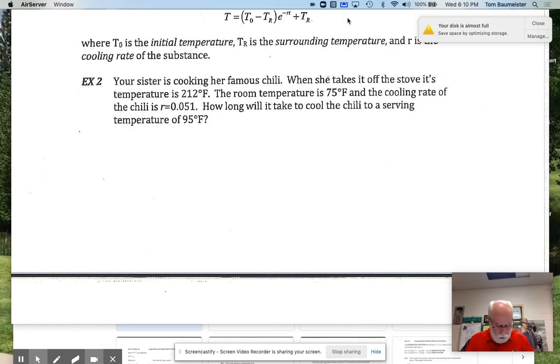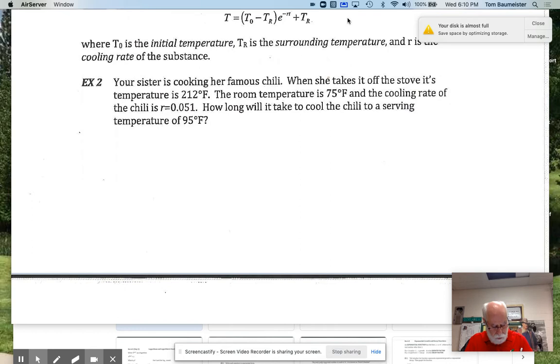Okay, so let's go ahead and write the equation down here again. I'll get T equals (T sub 0 minus T sub r) times e raised to the rt, plus T sub r. All right. So if we write that out, our temperature that we want to serve it at is 95 degrees.